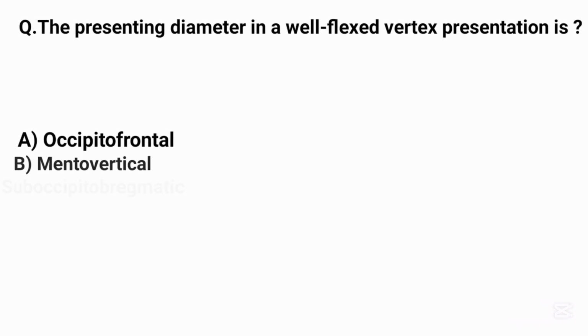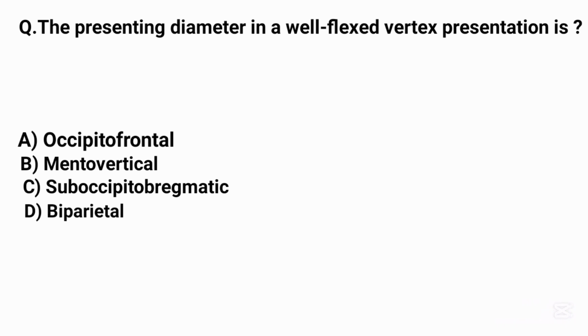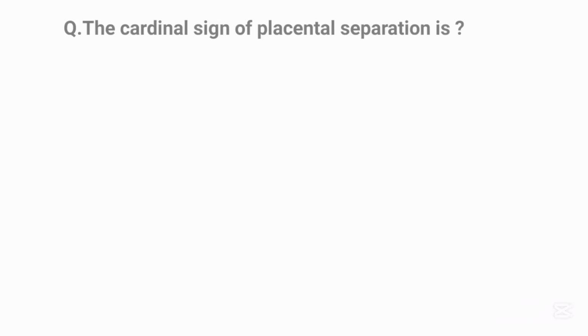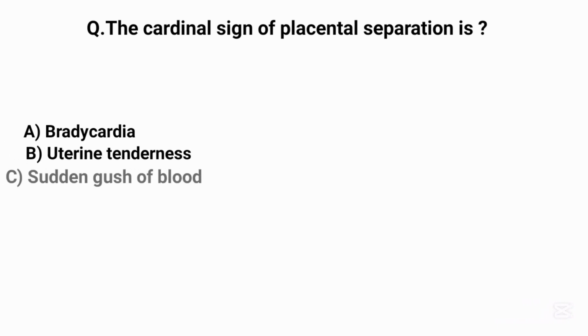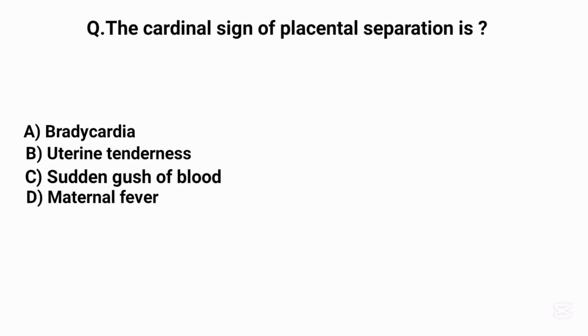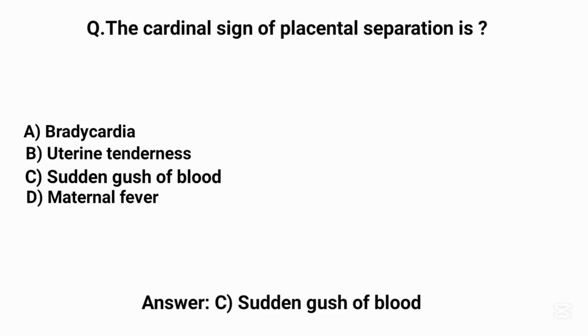The presenting diameter in a well-flexed vertex presentation is. Correct answer is option C, suboccipitobregmatic. The cardinal sign of placental separation is. Correct answer is option C, sudden gush of blood.